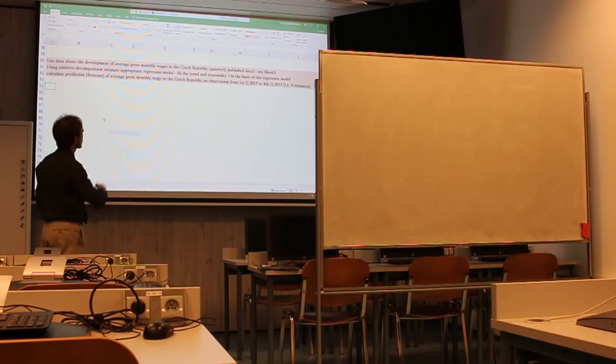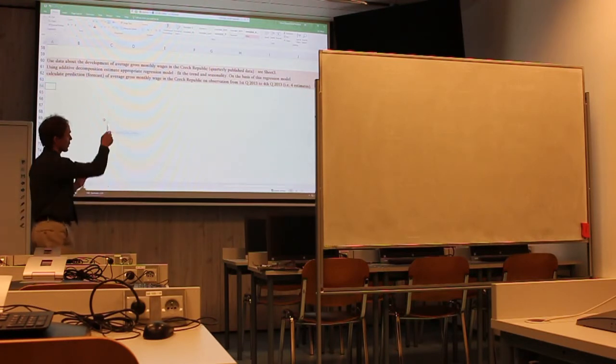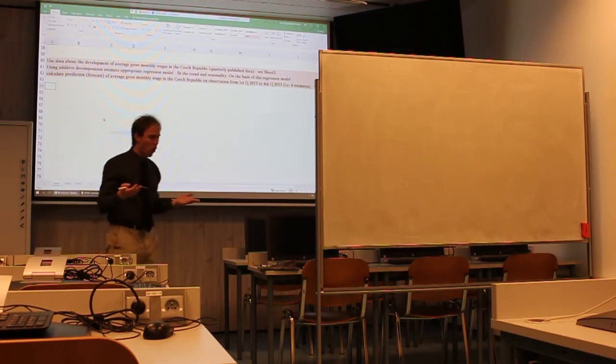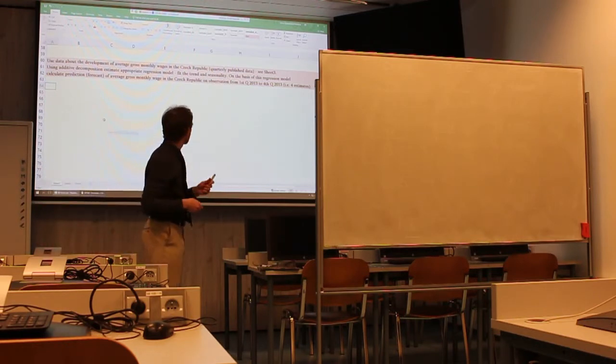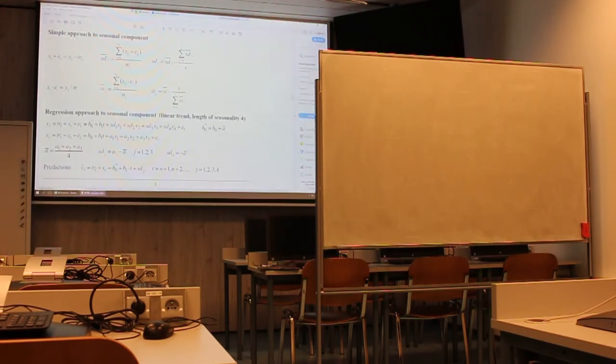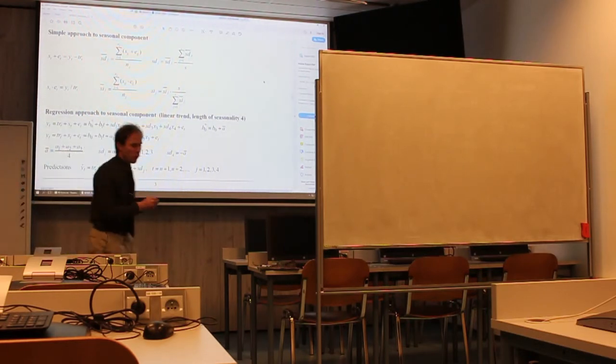Finally, on the basis of this regression model, we will calculate a prediction, the forecast of average gross monthly wage in the Czech Republic from the first quarter of 2013 to the fourth quarter of 2013. So 4 estimates, 4 forecasts. We will check our formulas and what is necessary for us.